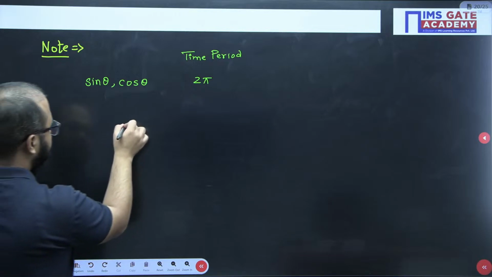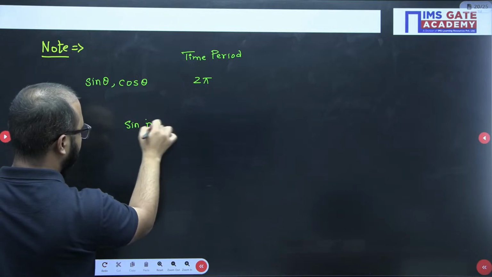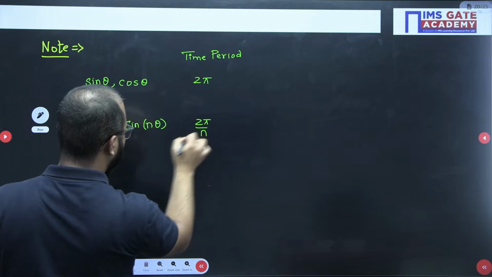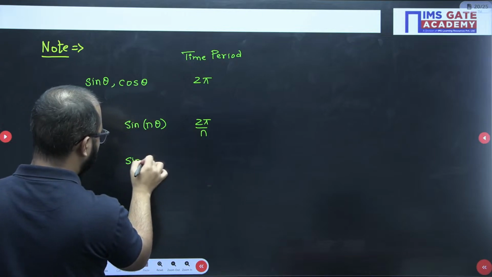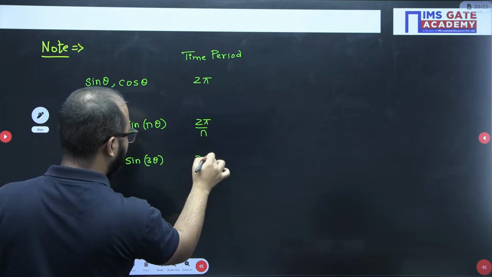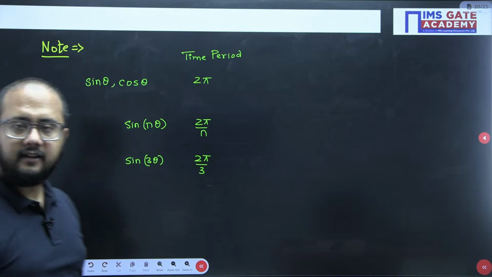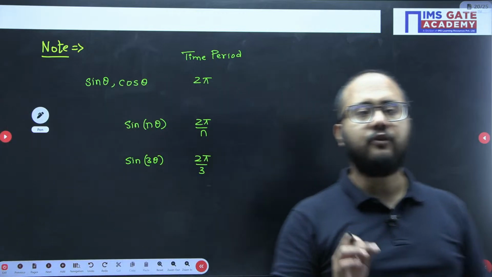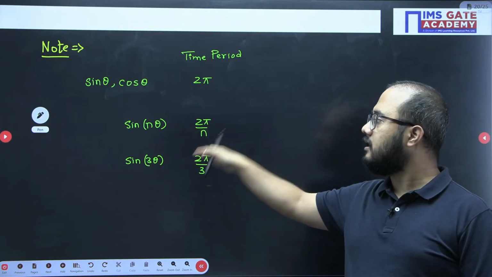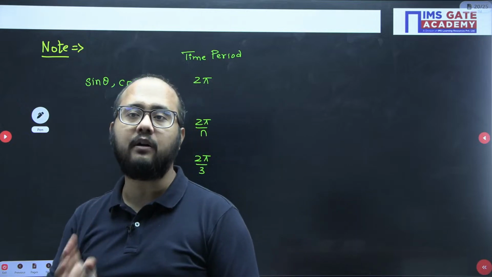But if I write sin n theta, it will be 2 pi by n. For example, if I write sin 3 theta, you will write the time period as 2 pi divided by 3. Is it clear? So for sin theta, cos theta, the time period is 2 pi, but if it is written n theta, then n will come in the denominator. This information is very important.